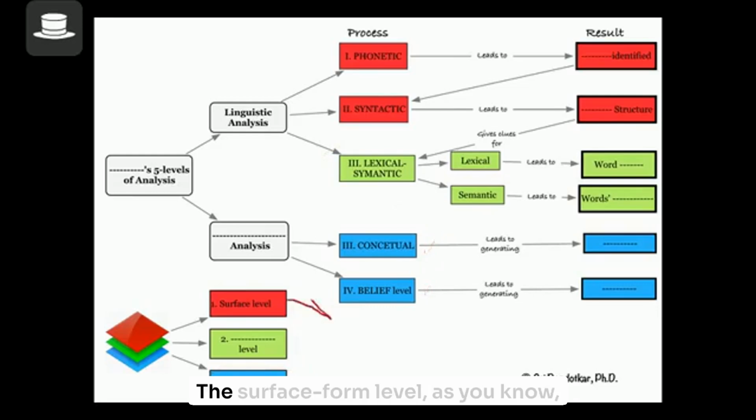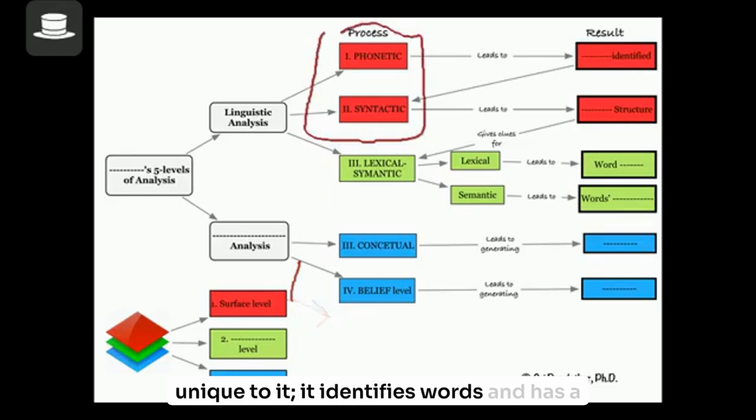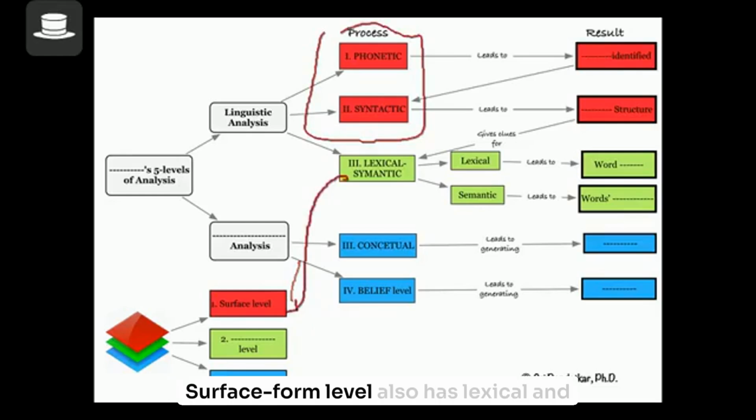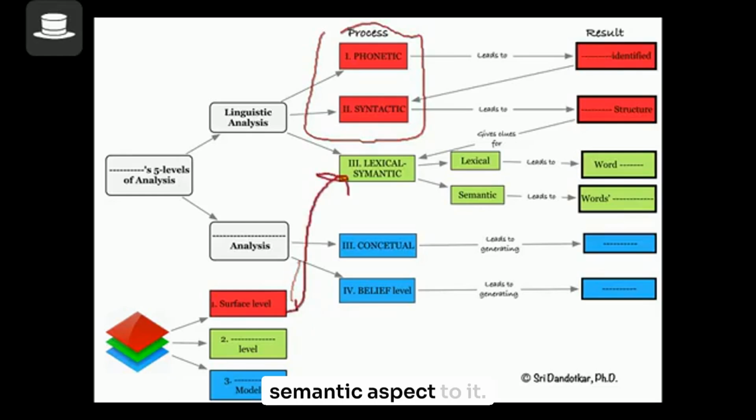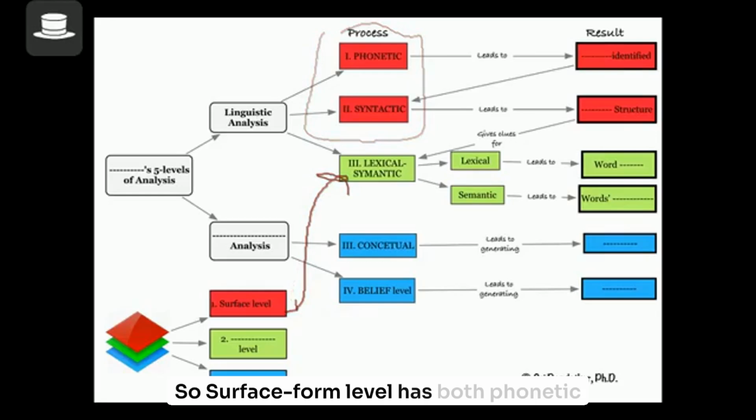At surface level, as you know, it incorporates the syntactic structure and meaning. So it's not exactly just red, but red is unique to it. It identifies words and has a syntactic structure. Surface level also has a lexical and semantic aspect to it. So surface level has phonetic information, syntactic information, and lexical semantic.